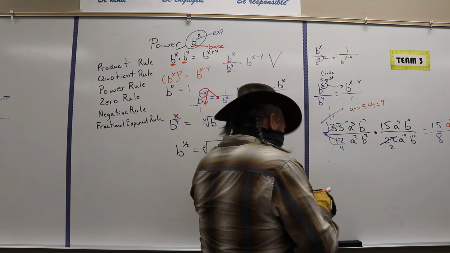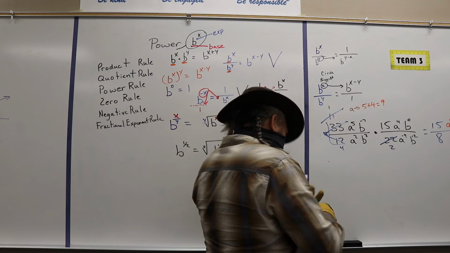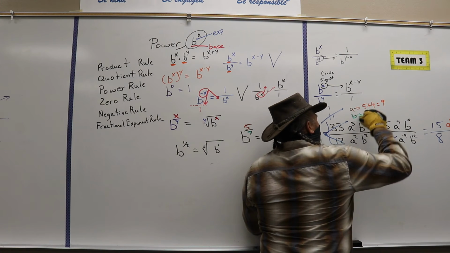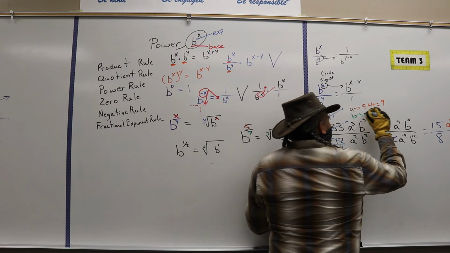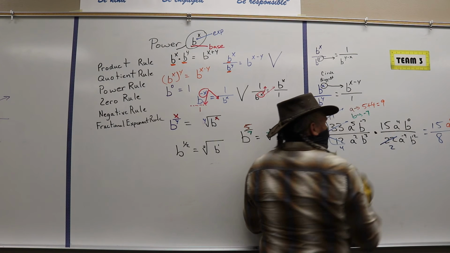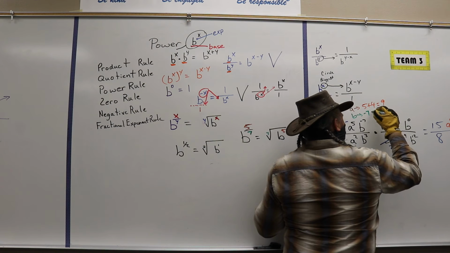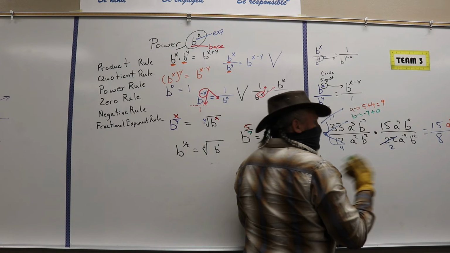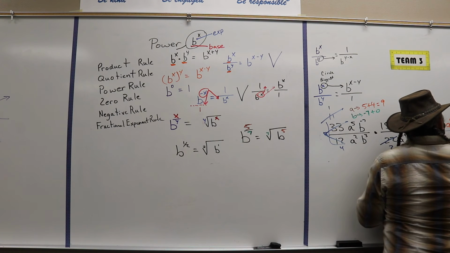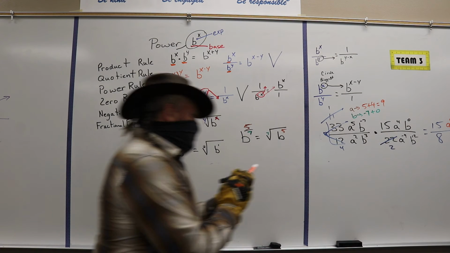Okay? Let's do b. b is negative 7 times b to the 0. So we get to add those two numbers. Well, that equals b to the negative 7. Okay?